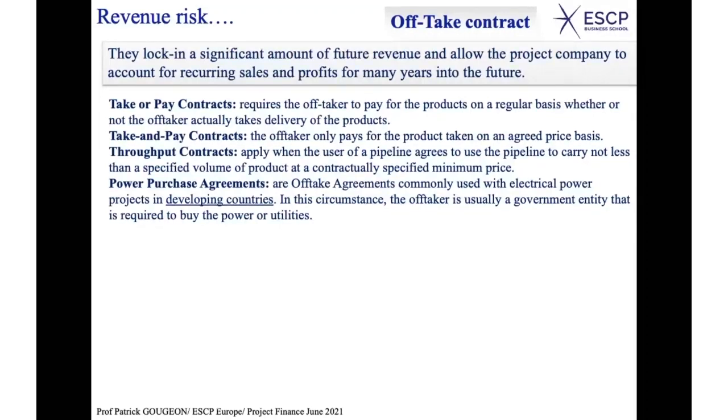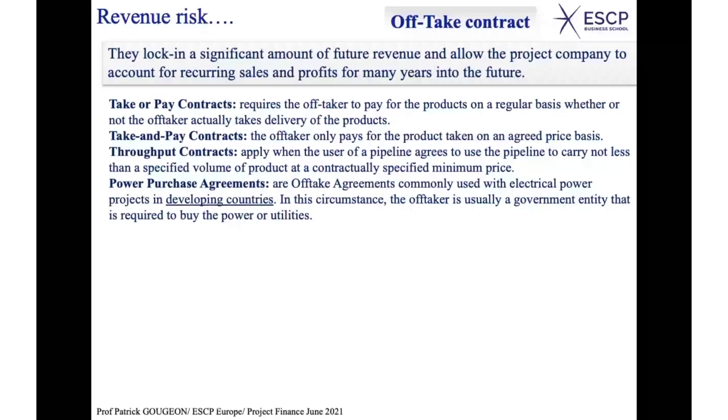You produce electricity from the project, and there is a power purchase agreement that guarantees revenue for the electricity you produce. It also guarantees the payment of fixed costs, because with electricity you don't buy it when you don't need it, because you cannot store it. In this case, you will pay for the fixed costs, because even if a plant does not produce electricity, the fixed costs are still running.